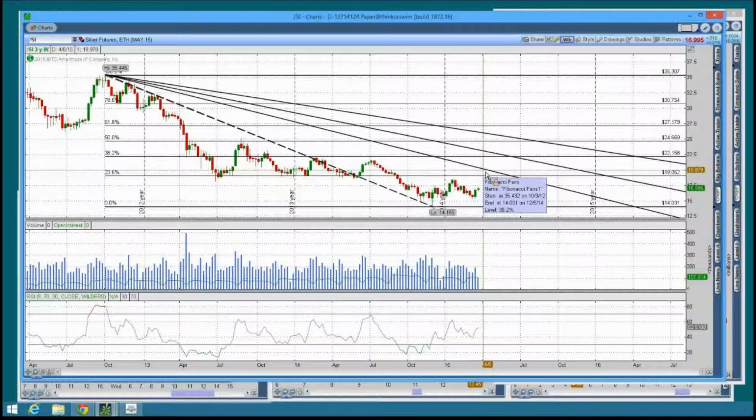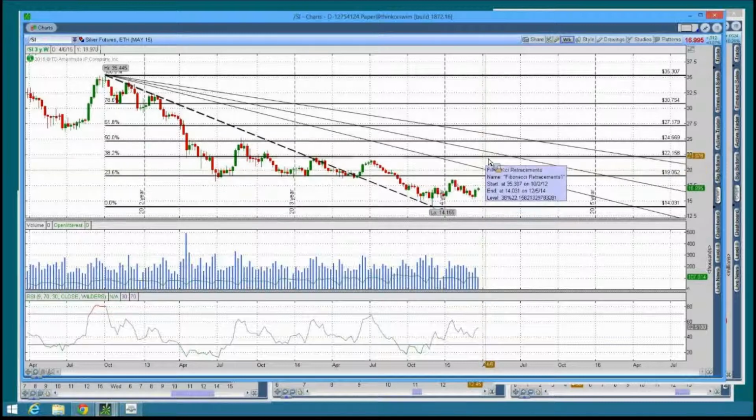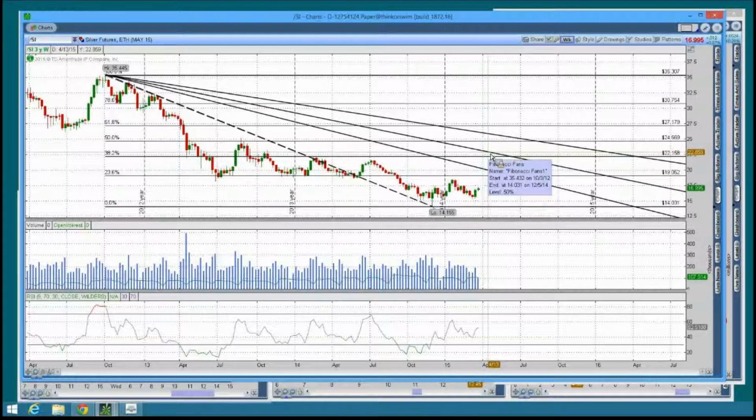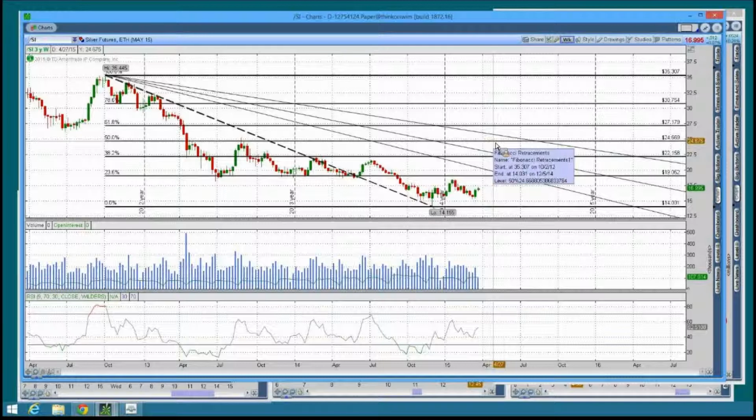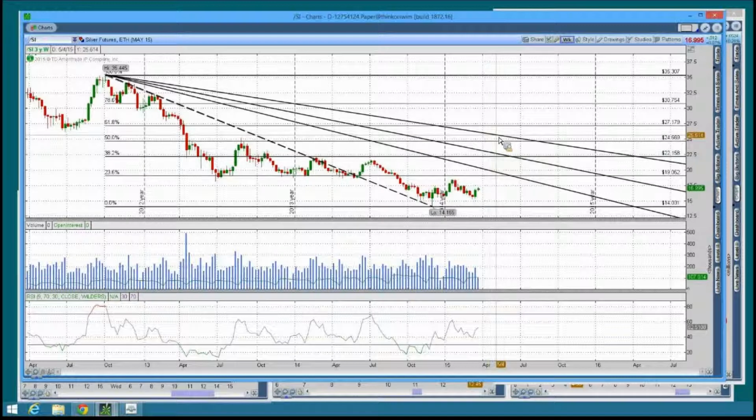Closing above it activates the 38.2% retracement, which is the 22.15, and right above it is the trend line resistance fan line that points to about 22.85, 23 resistance. Breaking above that and closing above that, we activate the 24.67 level of resistance, and right above it you're looking at the trend line resistance level that points to that 25.50 level.